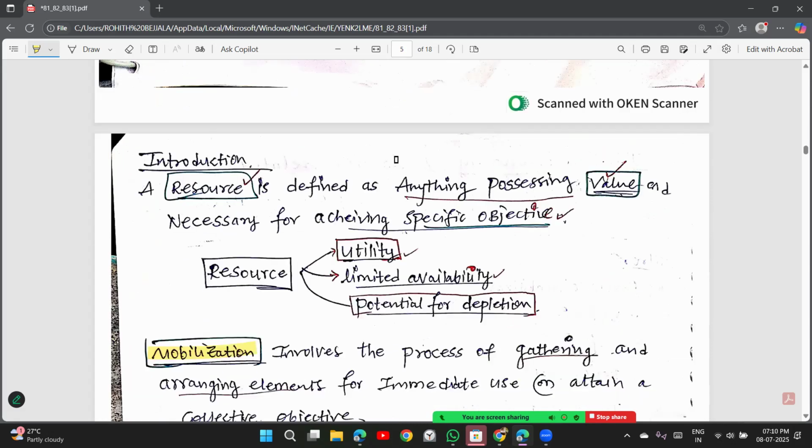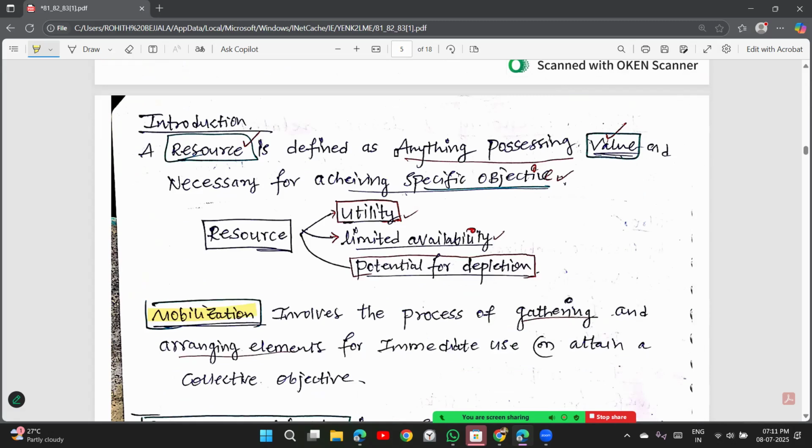Firstly, what is a resource? Resource comes from the word source. Source means it has some value, and you will be doing something with it. A resource has a certain value, and you use it for achieving some objective. A resource will give you utility, and it is always of limited availability and has potential for depletion.